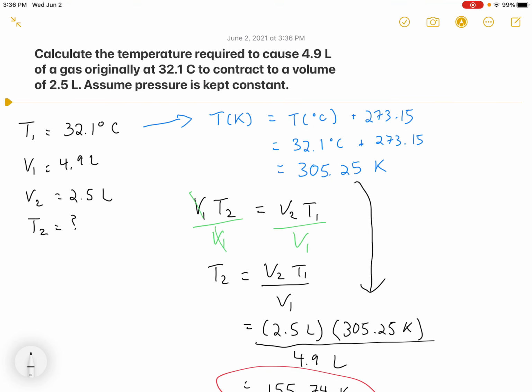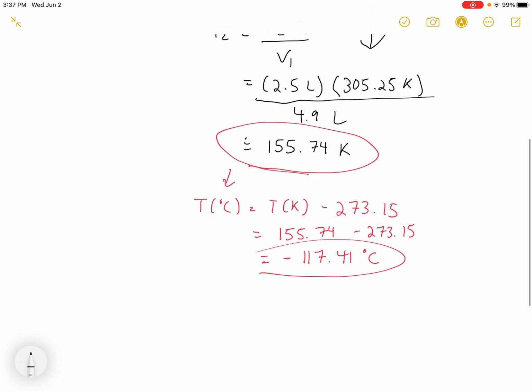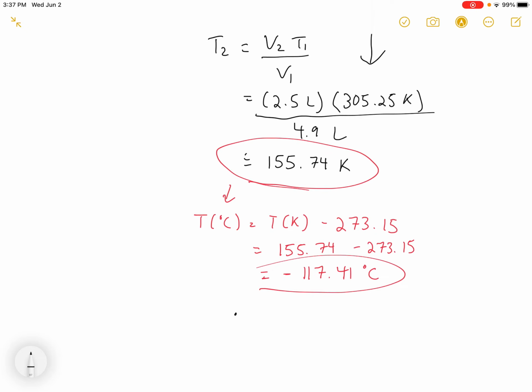And that conceptually makes sense because we know that if the temperature of something decreases, then its volume is also going to decrease as well. So then we just need a therefore statement.